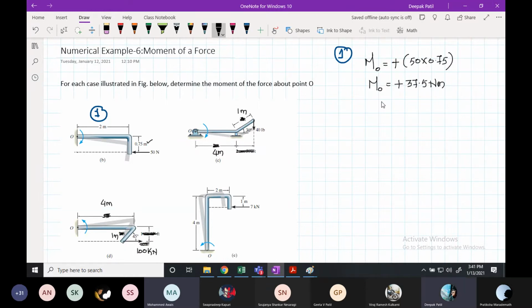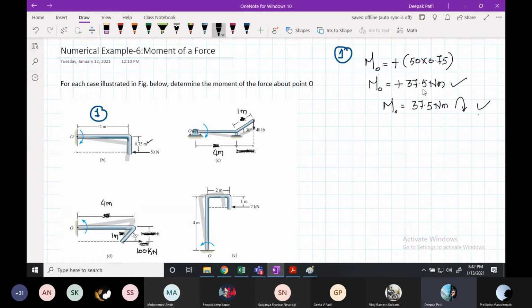Now one more thing I just want to tell you, please listen carefully. Whenever I write MO is equal to plus 37.5 Newton meter, it means it is clockwise moment. So no need to put once again this symbol. It is not required. Either you write like this, or you can write like this, with the clockwise symbol.